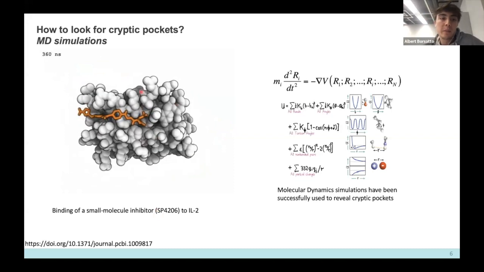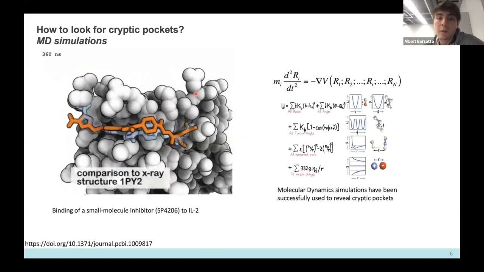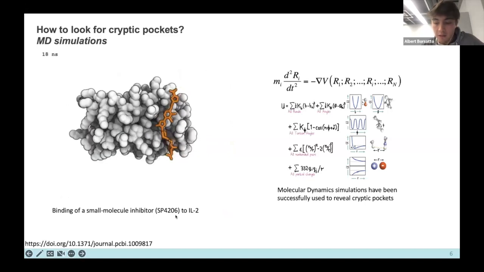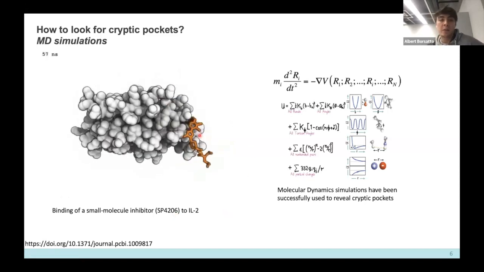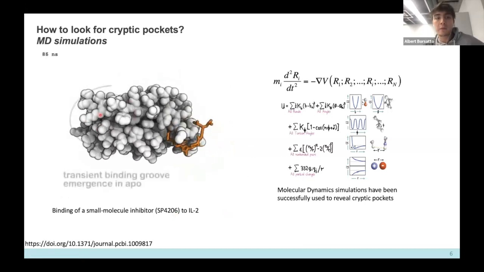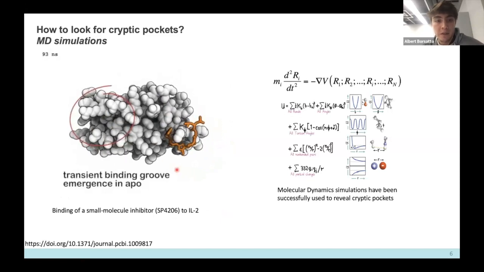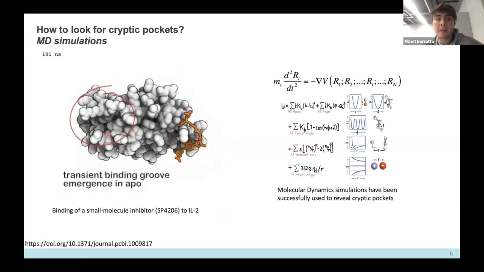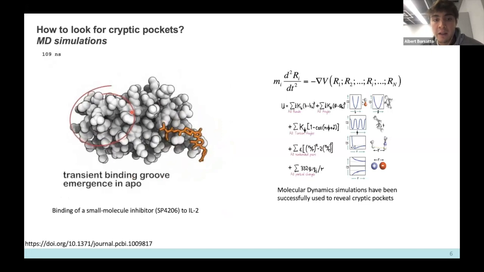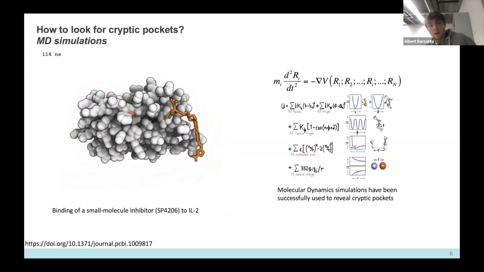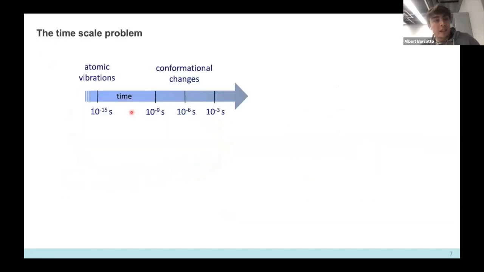As you can see in the movie here, we start from an apo structure of this target, EL2, and we actually, maybe I can play it again. We sample the opening of a cryptic pocket along the simulations, and then later on the ligand can bind, closely resembling the crystallographic pose. So this is quite nice.